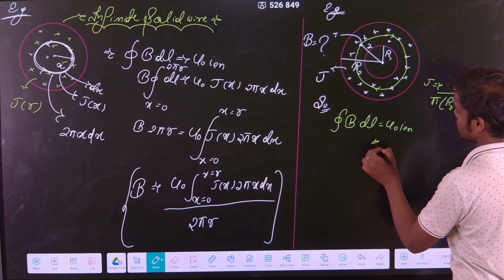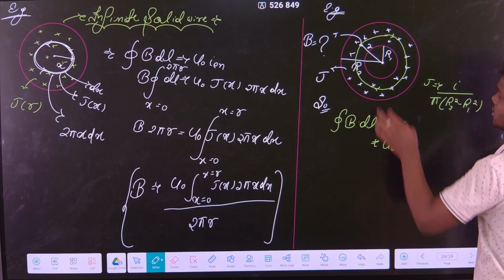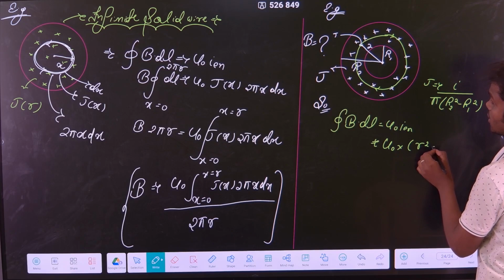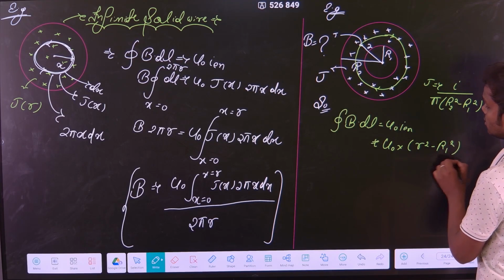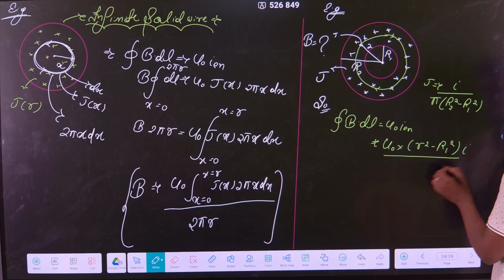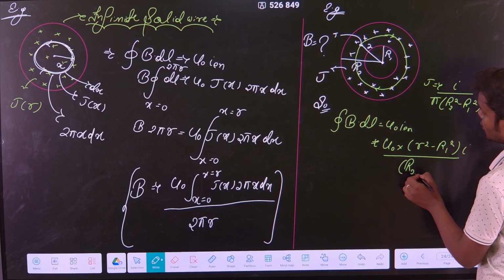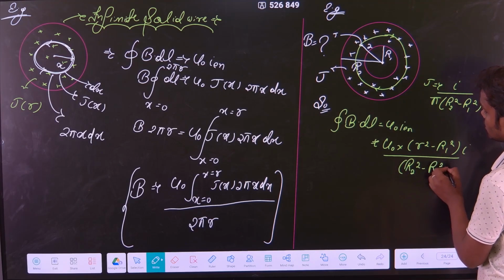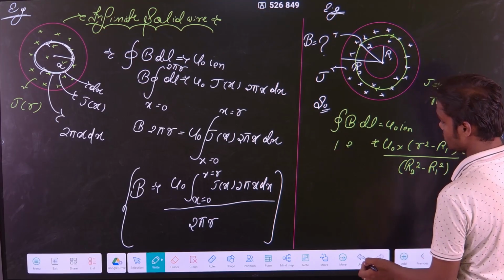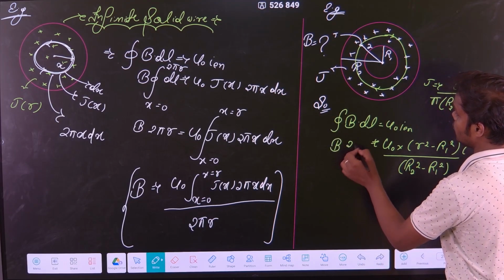So I enclosed, in this area, will be (r square minus r1 square) times I divided by (r2 square minus r1 square). And then you have to integrate this, which becomes 2 pi small r.